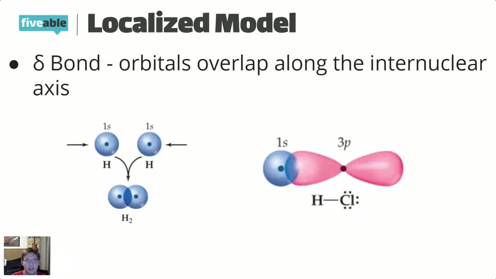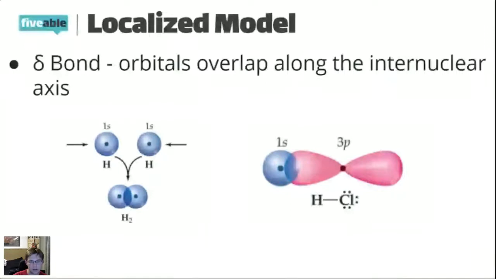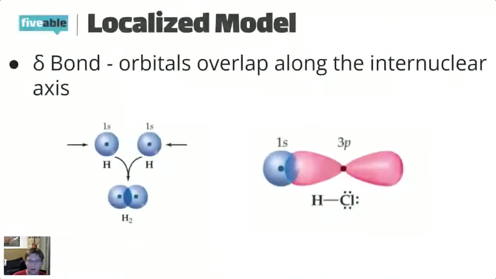For example, two half-filled 1s orbitals form one fully filled orbital, so we see an ss sigma bond. With hydrochloric acid, the 3p orbital in chlorine overlaps the 1s with hydrogen, forming an sp sigma bond. Don't confuse it with sp hybridization; this is just an s and a p with a sigma bond.